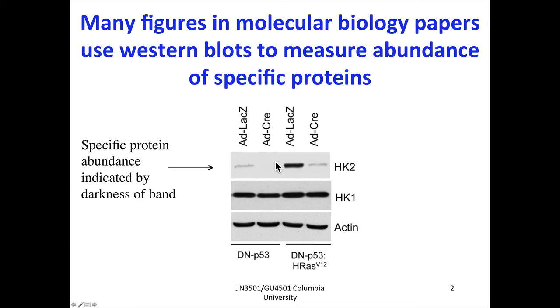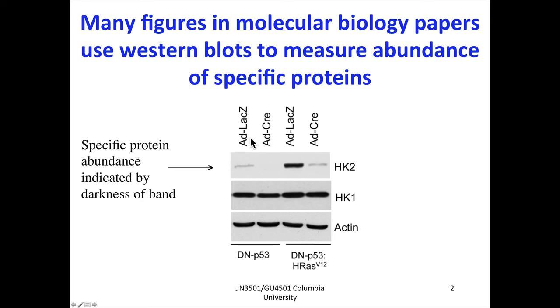Now, if they do this AdCre treatment, then it causes the loss of hexokinase 2 normally, and then in the presence of the HRAS V12 mutant, it still causes a significant loss of the hexokinase 2 protein. So we're seeing that again.